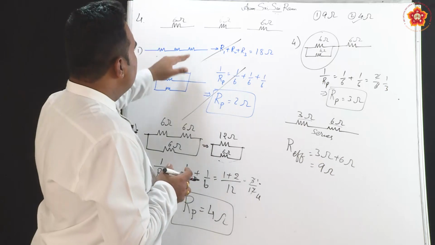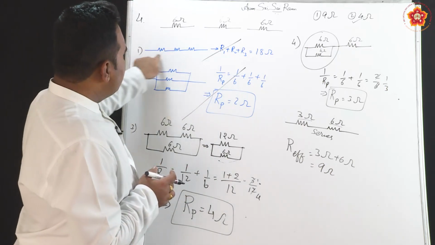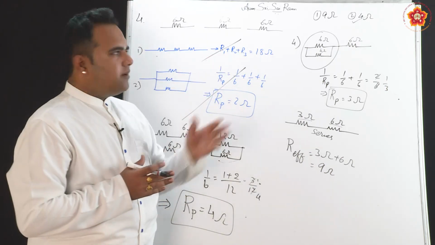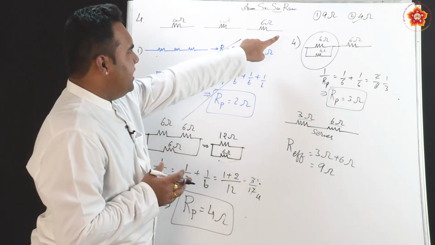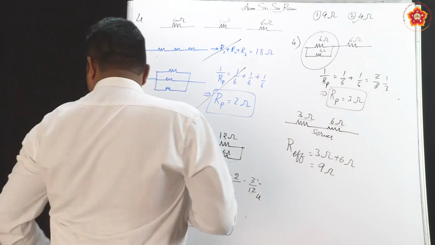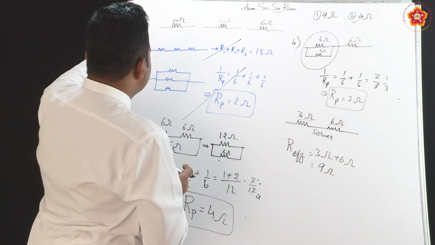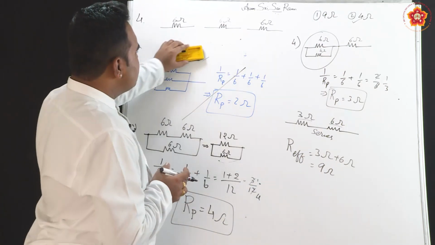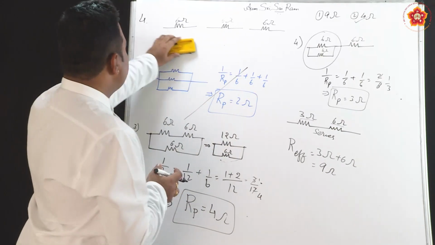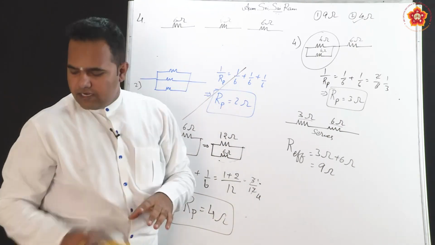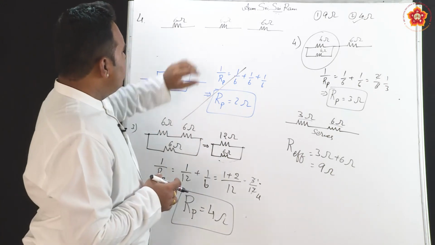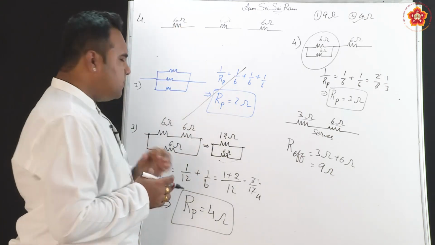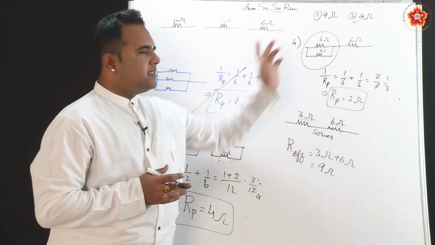We could have even dropped the first one, because when you connect all 3 in series, you just add them up, 18. Is it 18 here? So we need not even calculate this. But because we are solving these kinds of numericals for the first time, we have done it that way. As you keep practicing, you yourself will know which combination to quickly pick up and get the desired result.